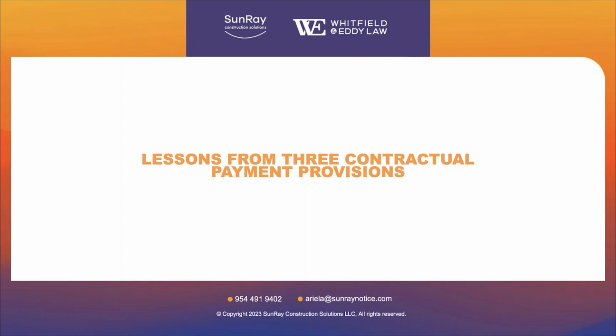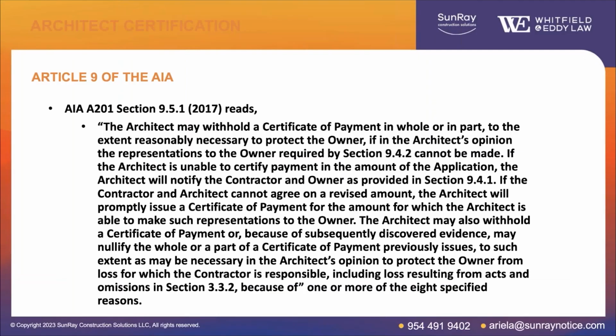So let's go to the first provision I'm going to discuss. And the provision is in the AIA document, A201. And one of the advantages generally of using standard contract documents like the AIA is they're used regularly.